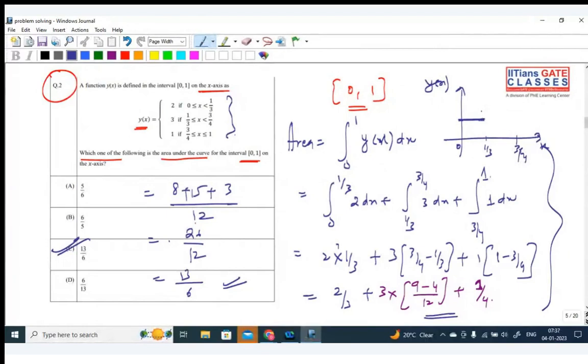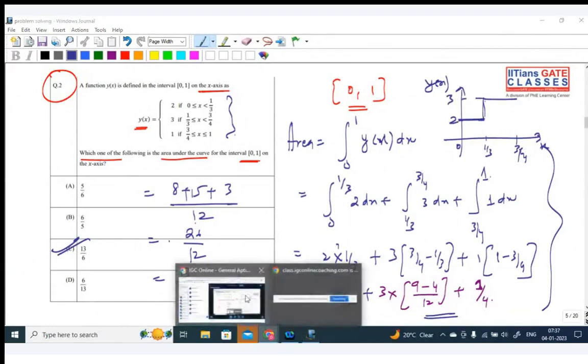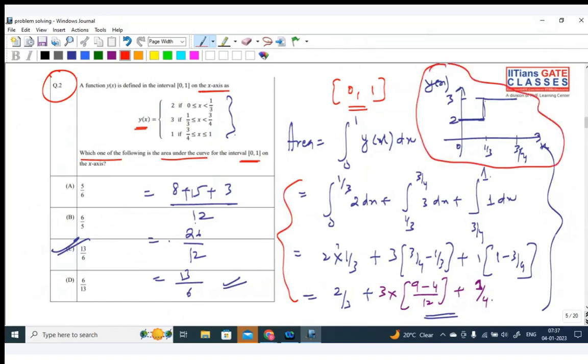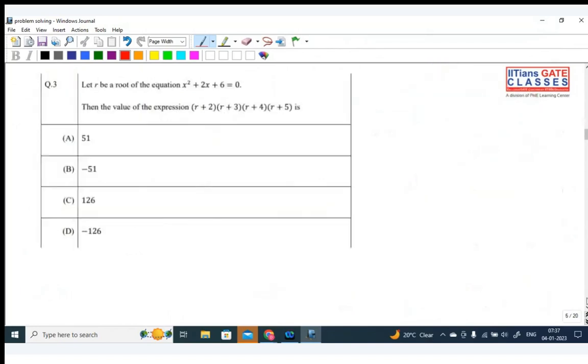So you can plot and find the area under the rectangle, whatever you get. That is also a good way of solving the question. Instead of doing this, whenever the function is constant you can just plot and find the area. Next question, let's solve this.